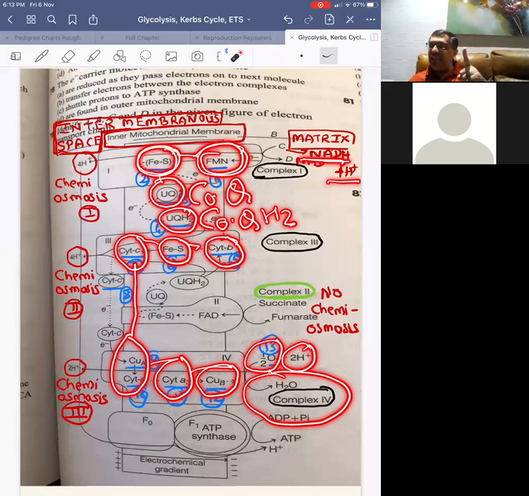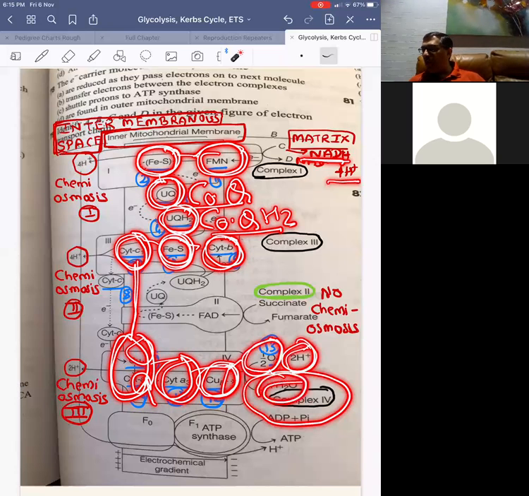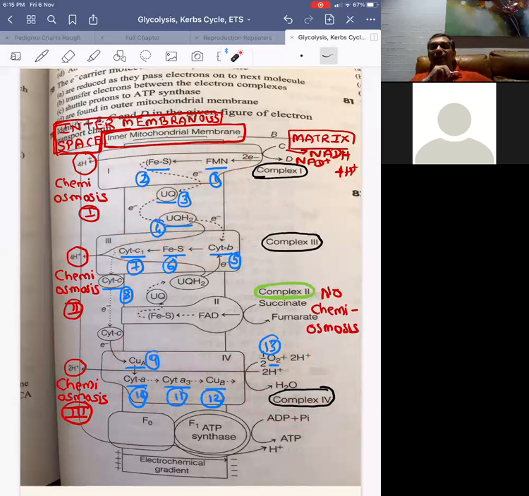FES say it will go to ubiquinone, which is coenzyme Q, to ubiquinol, coenzyme QH2, to cytochrome B, again to FES, to cytochrome C1, from cytochrome C1 to cytochrome A, to cytochrome A3, to copper containing, so CuA, CuB is copper containing, to half oxygen combined with proton to form water, which is called terminal oxidation. Now, this is the real logic.